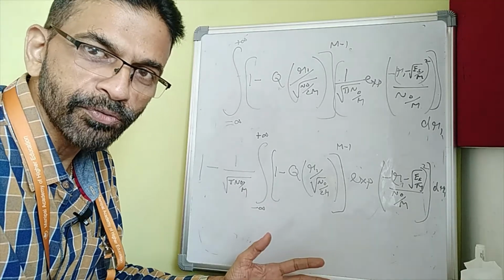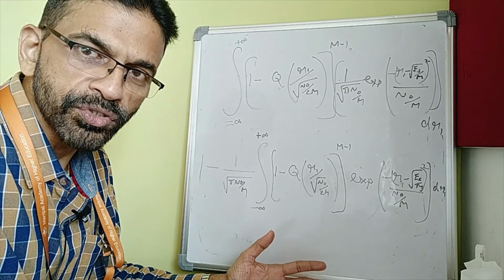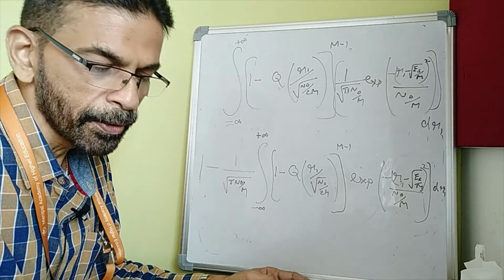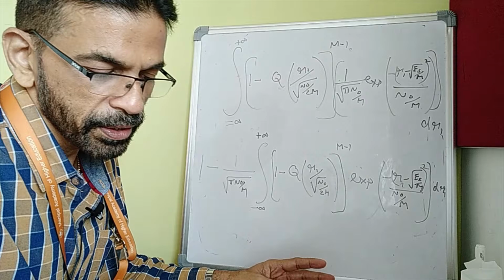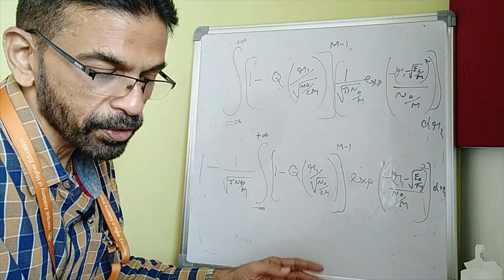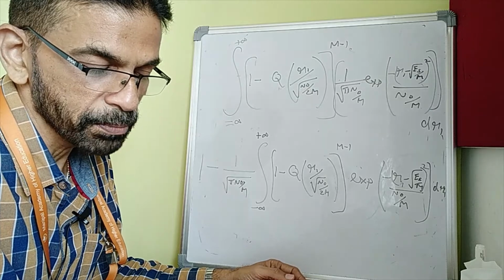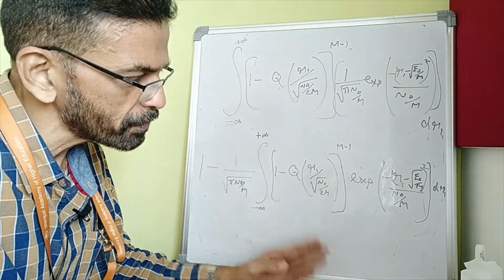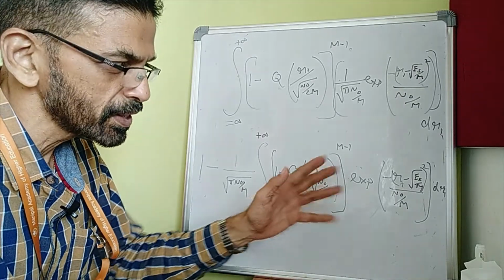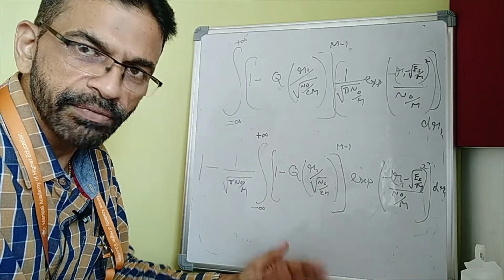The noise is always of zero mean and two-sided power spectral density n0 by 2. So because the noise is independent of the signal which is transmitted, one can appreciate the fact that the probability of detecting any signal, not just S0T, the probability of detecting any of the other signals in the set will be the same.